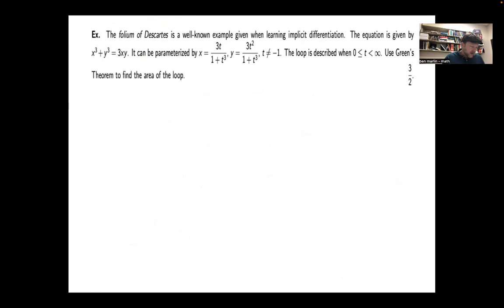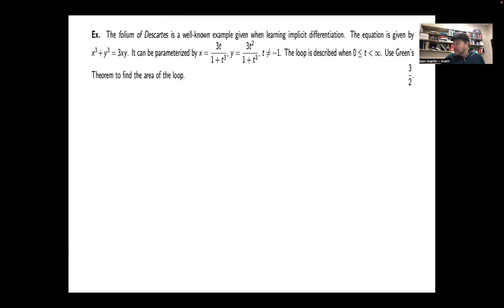All right. So is this the last one here? Yeah, this is the last one. Here we're talking about the folium of Descartes. And the folium of Descartes is parameterized in a way that we've given there.